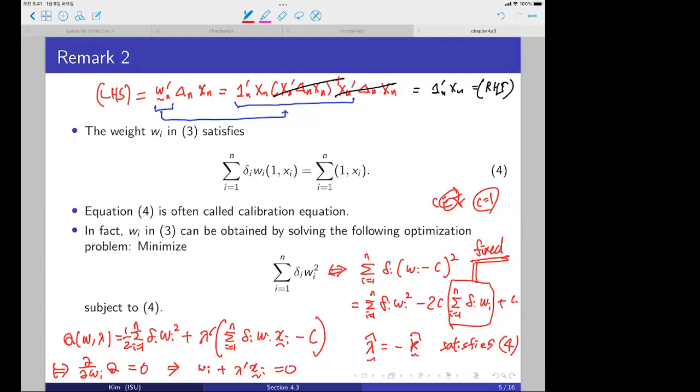Okay. I'm confused because on the right side you wrote the summation of delta i wi fixed, but in the Lagrange multiplier you took the summation of delta i wi xi. So what is the constant? That's C. This has nothing to do with the w.